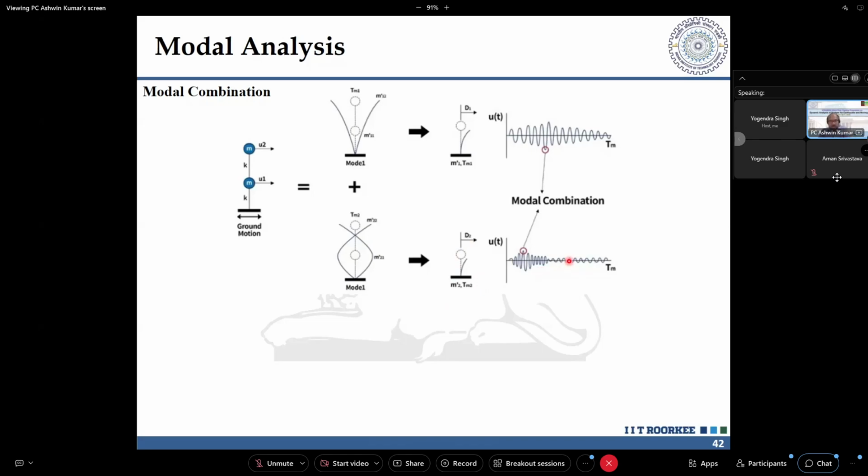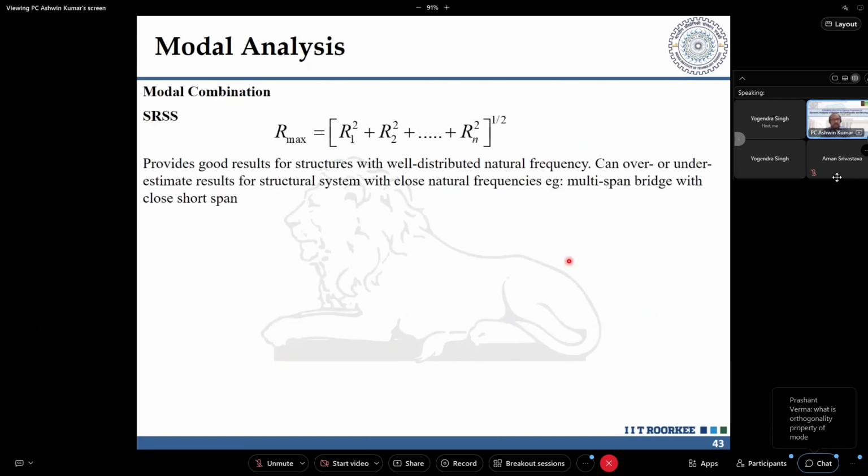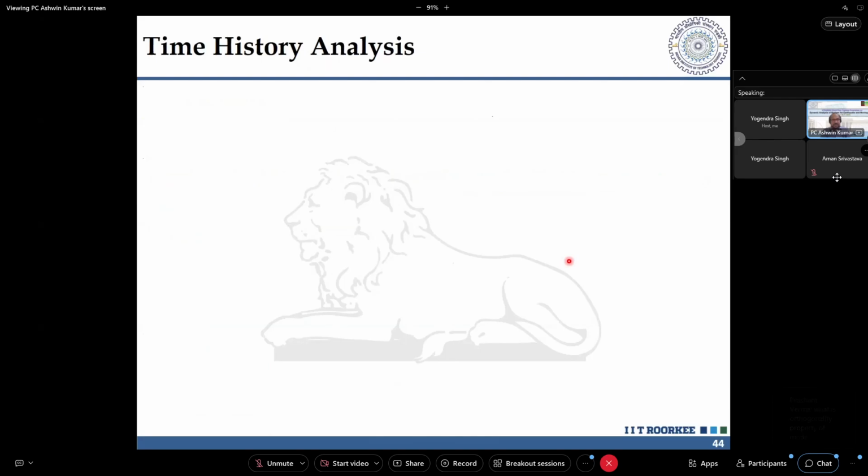Once you have got the peak values, the only thing to do is combine them. So here CQC, SRSS, absolute sum, whichever is the best method that you know, you can apply. This is the modal combination method that happens when you click this switch in your midas software, which you will come to understand in the evening when you do the analysis using the software, right? So this has been taken care of.